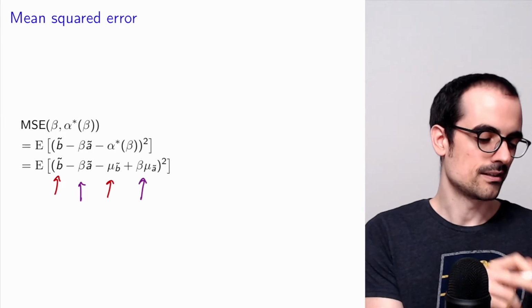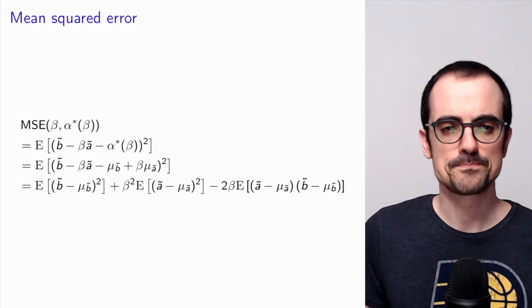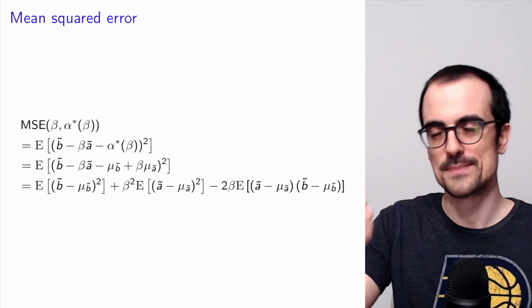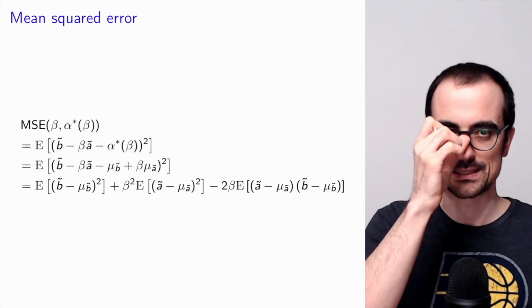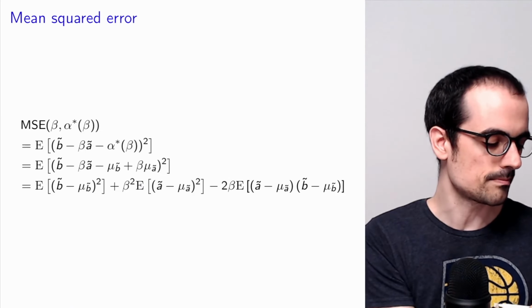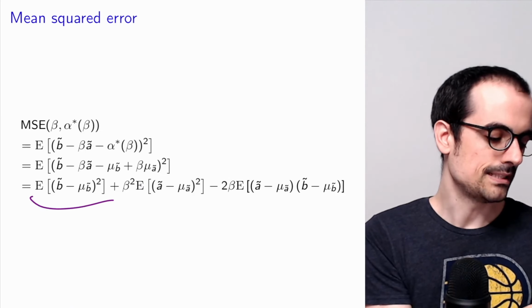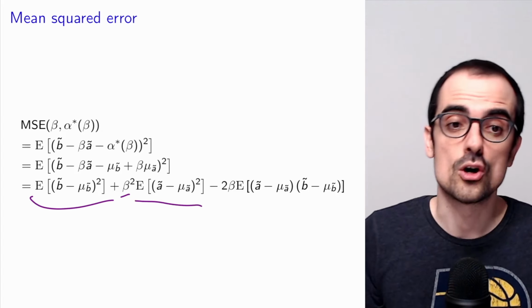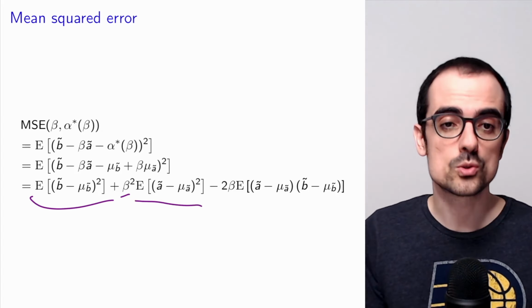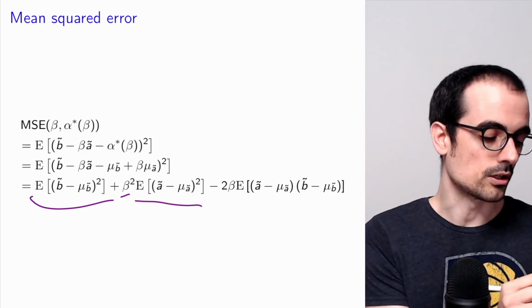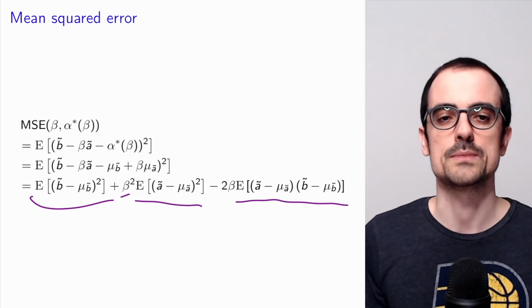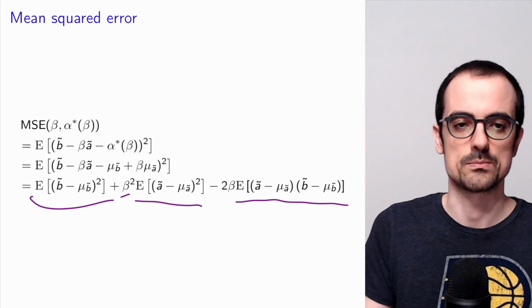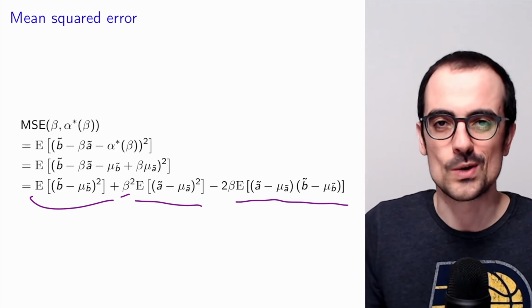We take the square of b minus its mean, and by linearity of expectation we can take that out as this term. Then beta comes out, and we have the mean of a minus its mean squared. And then we have this cross term that is the mean of the product between the centered feature and the centered response.